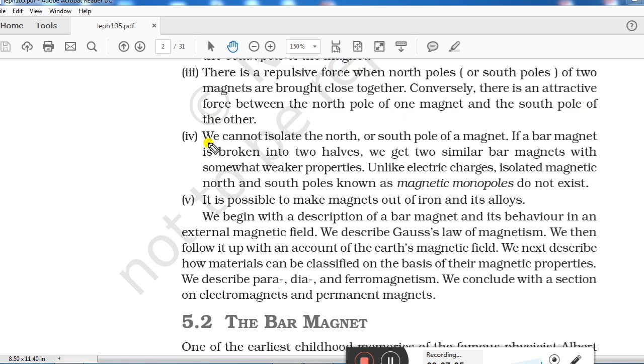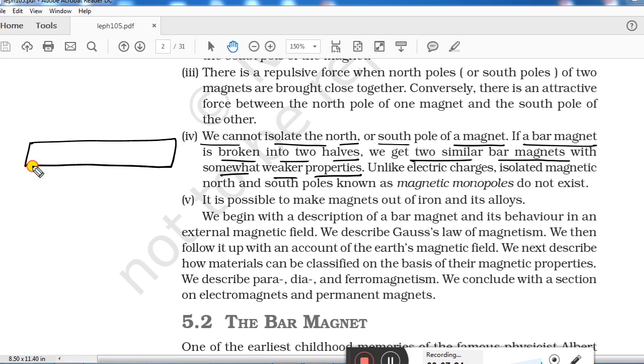Okay, let us move to the fourth point. We cannot isolate the north or south pole of a magnet. If a bar magnet is broken into two halves, we get two similar bar magnets with somewhat weaker properties. Suppose we had a very large bar magnet, its north and south are as shown in the figure.